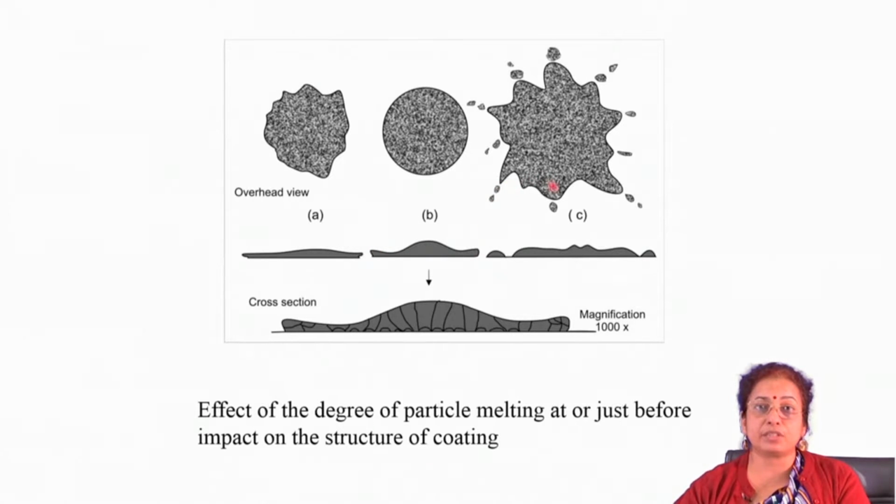On the other hand, if it is over melted, then you get a lot of splat kind of structure with irregular thickness all throughout, and there will also be a lot of roughness created in the coating. So, it is very important that you apply appropriate heat so that the material gets melted and subsequently sprayed over the surface.